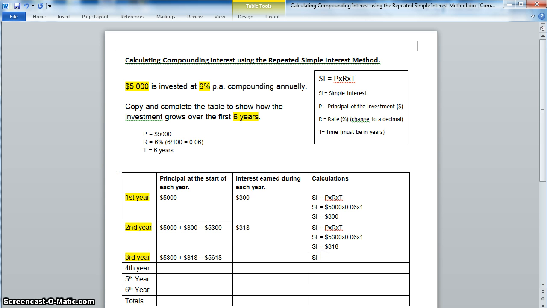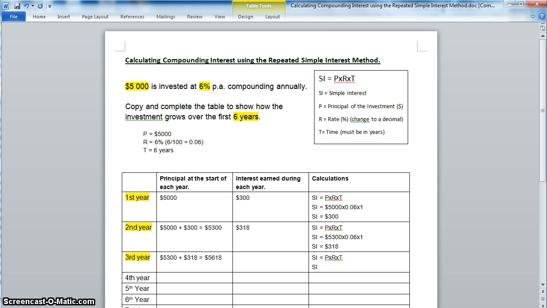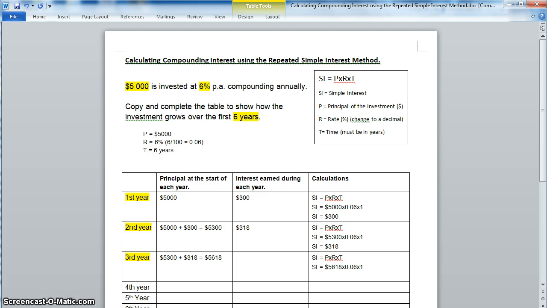Simple interest equals P times R times T. So in the third year, the principal is, that's right, 5,618 times the rate, and the rate hasn't changed, it's still 0.06 times, and we're calculating the interest over 1 year.